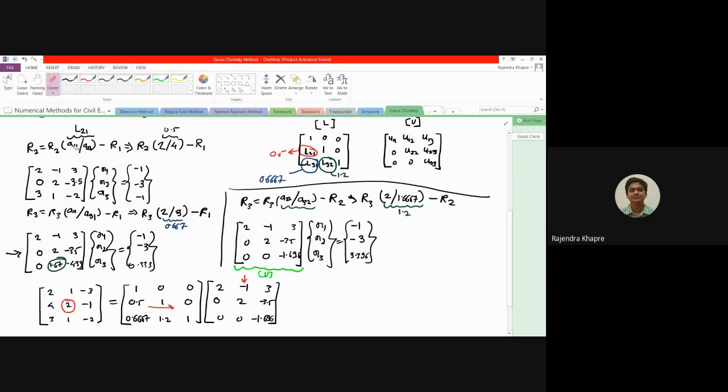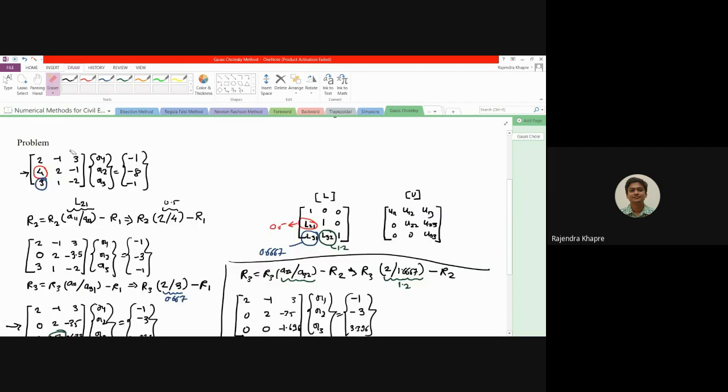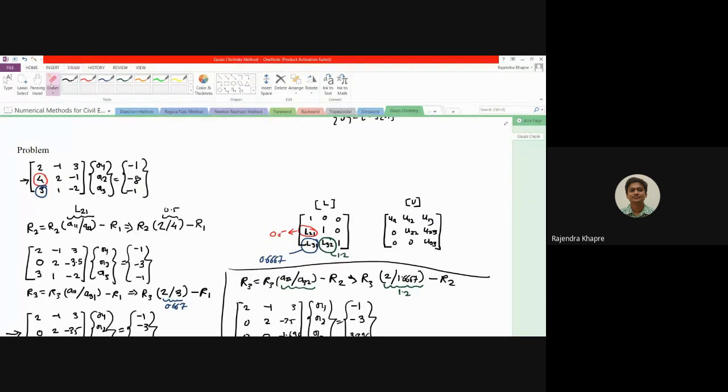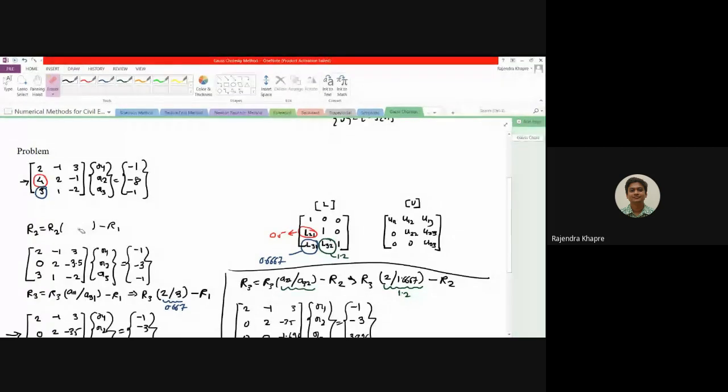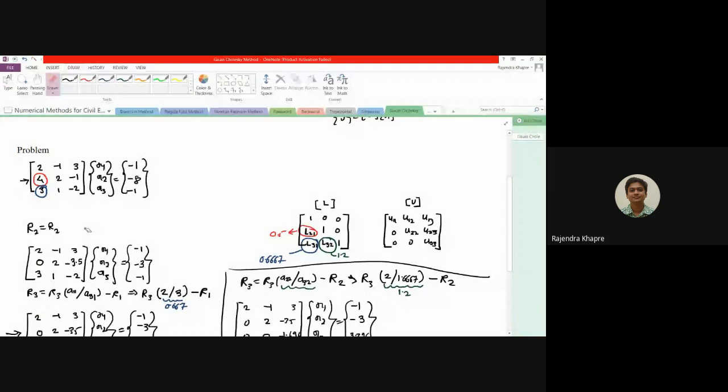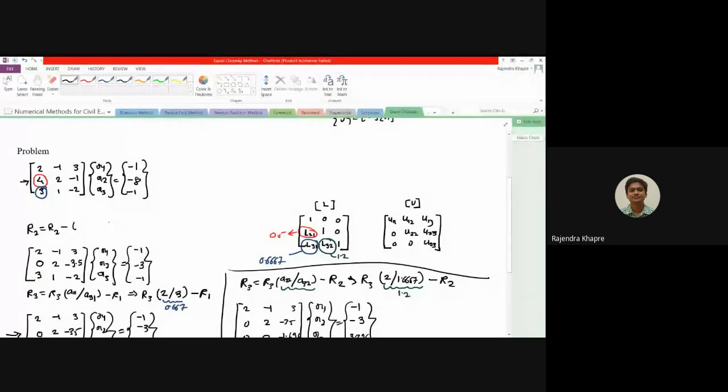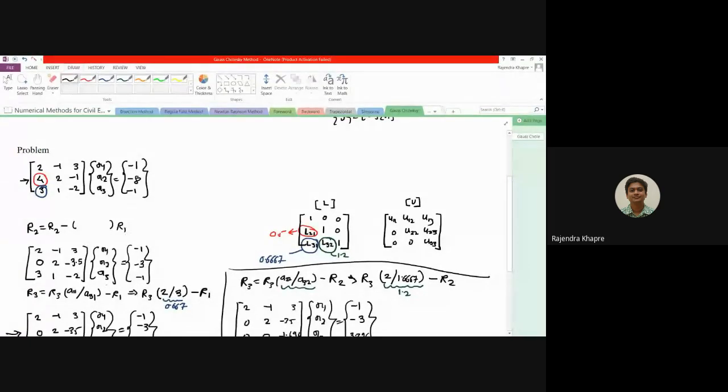So what we have written here, let me restart. If I rewrite this part, usually we go for the factor over here minus R1. But actually this is a little different. In place of going for a factor to R1, we are going for some factor with this one, like this.